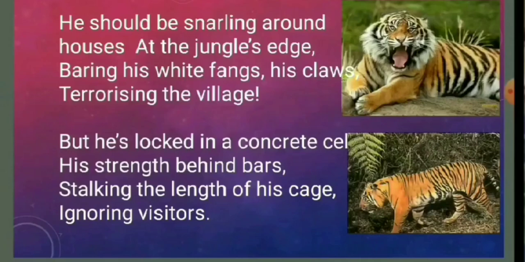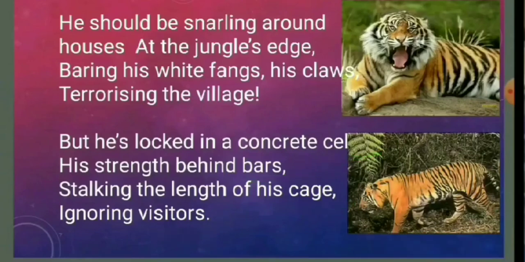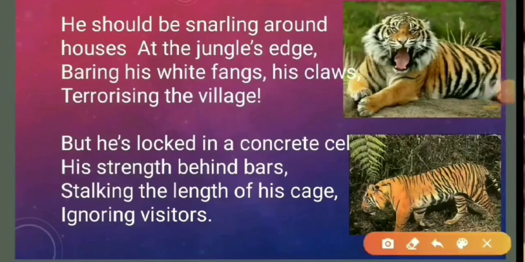You can see again rhyme scheme is same: cell, bars, cage and visitors. It is again A, B, C, B. Next poetic device is his. His is used talking about the tiger. It is personification. Next poetic device is assonance. In the assonance, there is effect of any vowel sound.